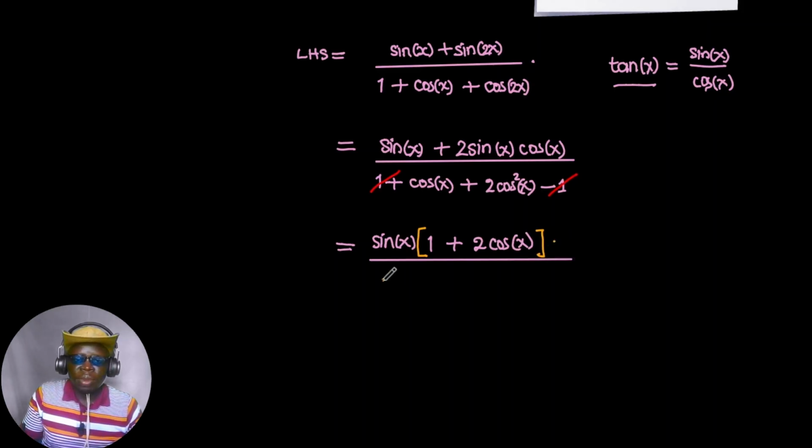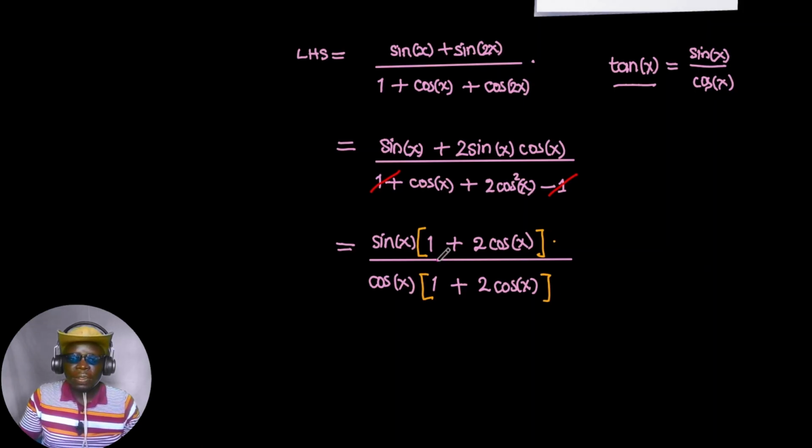So for our remaining denominator here, we can also factor out cos of x, and after factoring it out we're left inside with 1 plus twice cos of x. And you can see there's good news already for us, since what is in the bracket is exactly the same. So it's going to cancel this bracket off, and we're left only with sine and cosine.